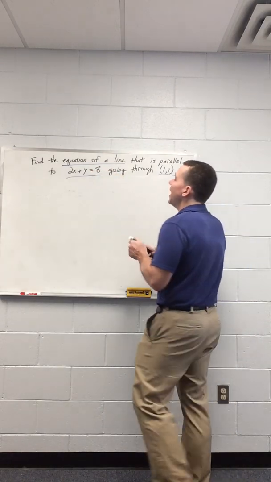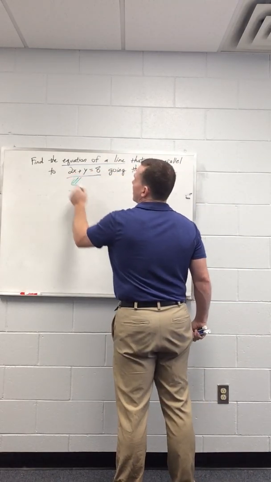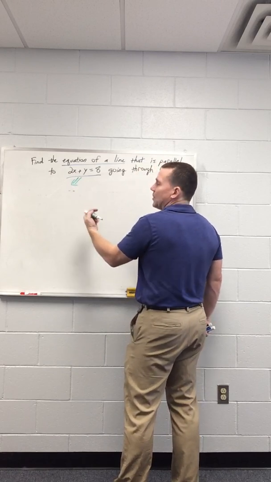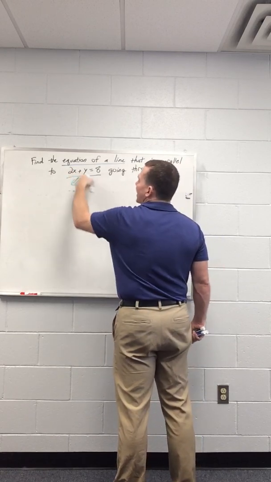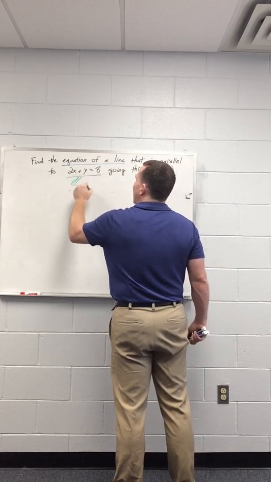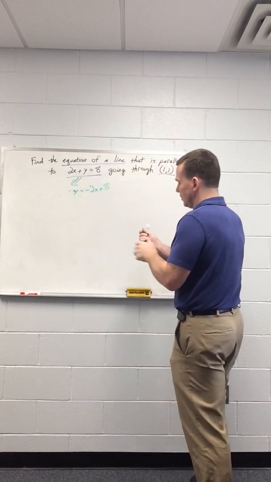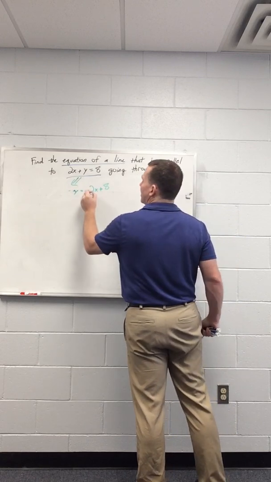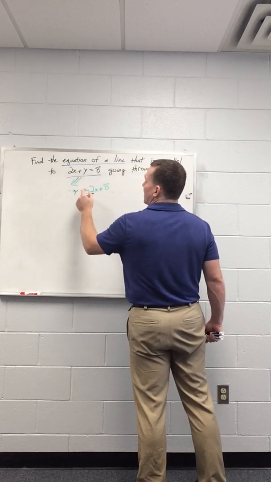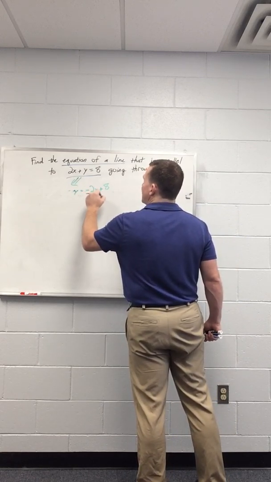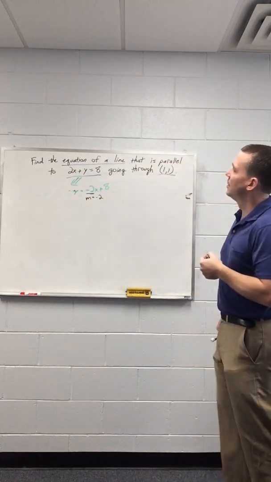So find out the slope of that line. To find the slope, like we said last time, solve for y. If I solve for y, I get y equals negative 2x plus 8. And then, this is in slope-intercept form, so m is equal to negative 2.